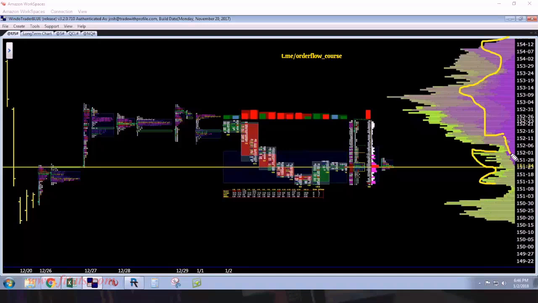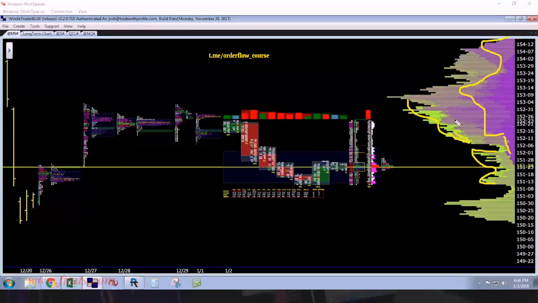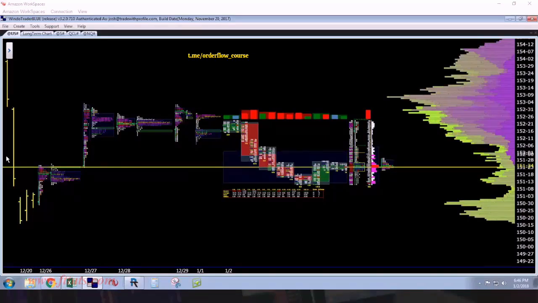I'm sorry, other way around. The purple is old, the green is new that we're laying on top of that. So you can see that we actually added to prices that were there before. You will often see that we go back over prices that we've been at before because participants accepted that. And here's the rationale and psychology about how that makes sense.